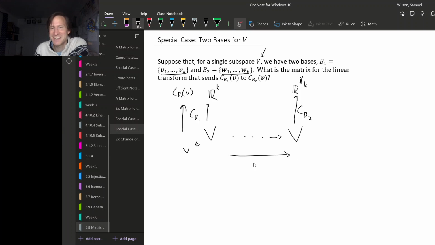Well, that's the identity transformation on V. So then we can hit the vector little v with the coordinate map for our second basis. So what we're really doing here is finding a matrix for the identity transformation, but we're changing the basis.